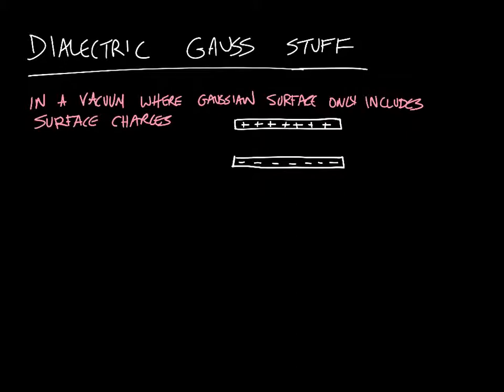There's a vacuum in between there, and my Gaussian surface would only include surface charges on the actual capacitor. We're going to slide dielectrics in there, and then my Gaussian surface would include surface charges and charges in the dielectric volume. Okay, so that's where we're headed. Just a warning there.